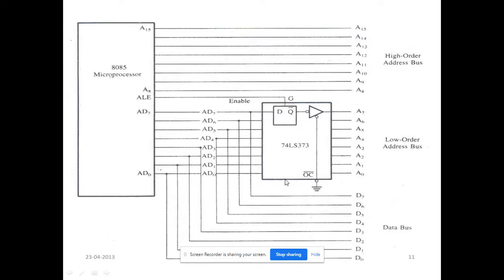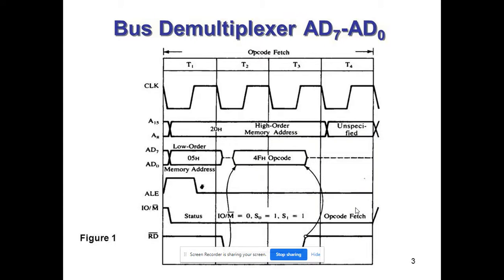So when the ALE signal is enabled, meaning it goes high, this circuit is enabled, and whatever data or address is carried from this side flows to that side. When this signal goes low, this circuit is closed and the information flows from this side.